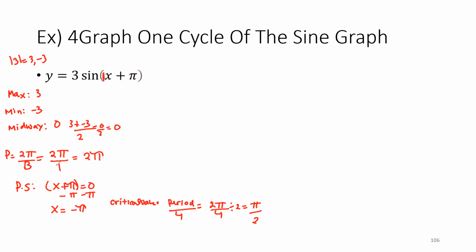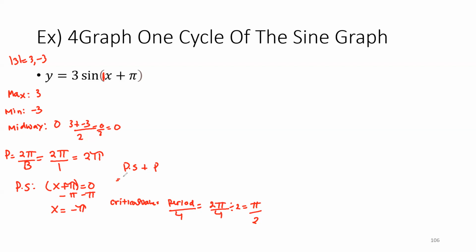So what is our last point? It's no longer going to be the period. It's actually the last point is the phase shift plus the period. So usually in the previous examples, the last point was the period, but because we have a phase shift, the last point is the phase shift plus the period. So let's figure that out.